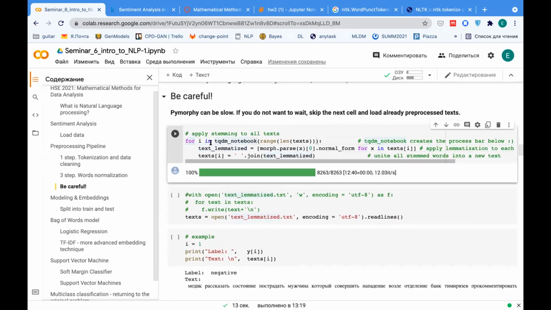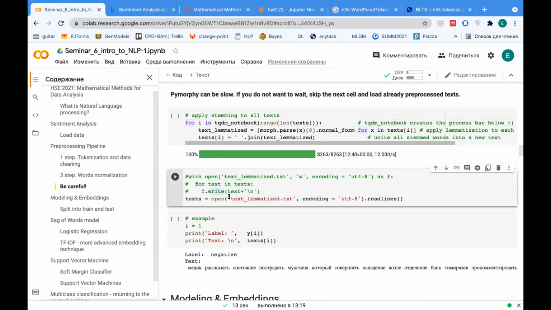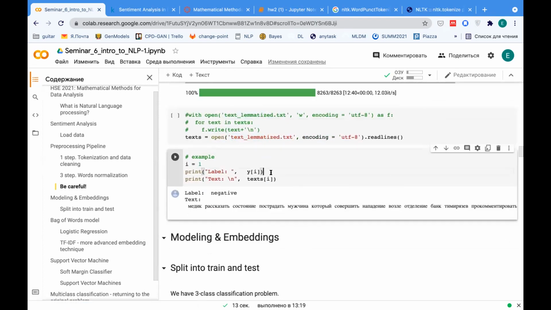So let's run it through all our data, and also save it in some file. We can see, for example, the first text, and it will be like this. So again, we remember that we split our text into tokens.